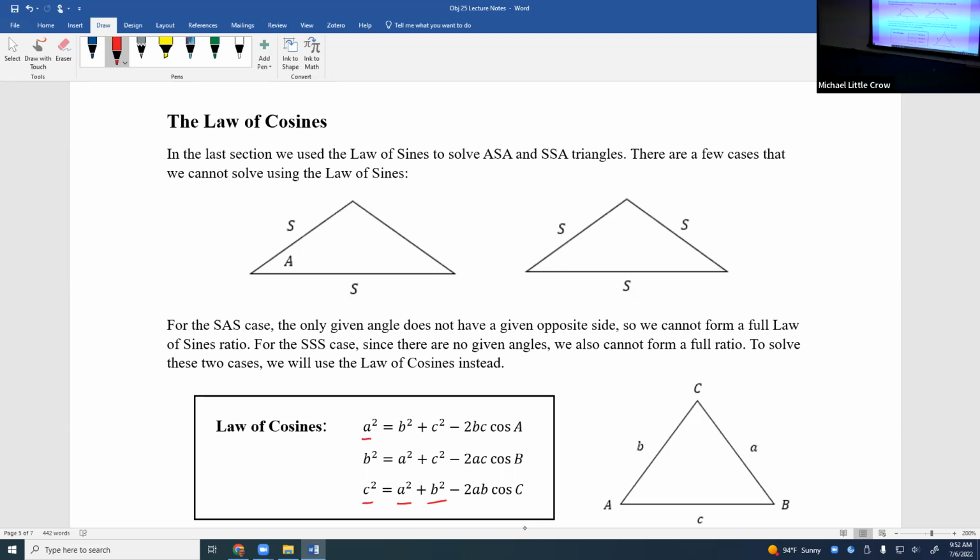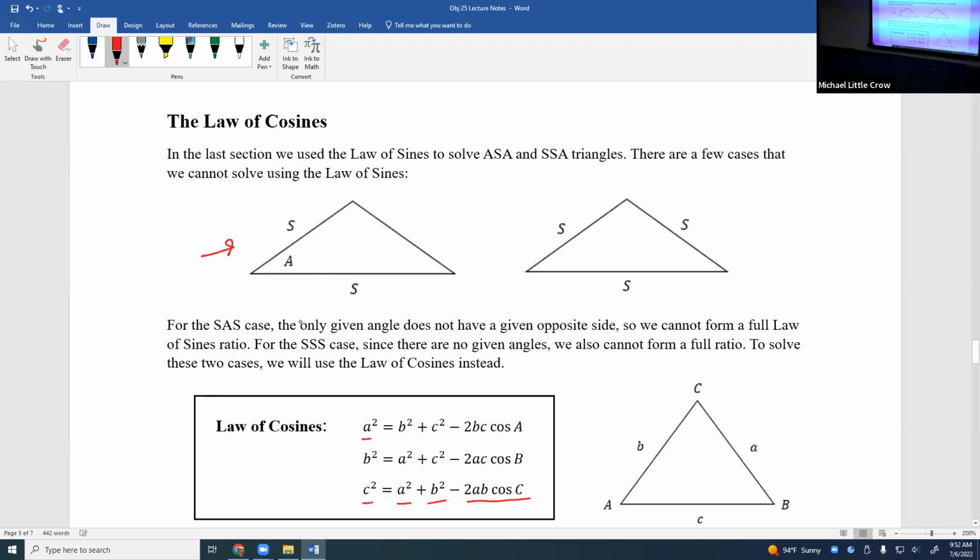So this is sort of, call it an adjusting factor, that allows us to use it with these oblique triangles, which are non-right triangles. We can use this when we have a side-angle-side, and look at this one here.